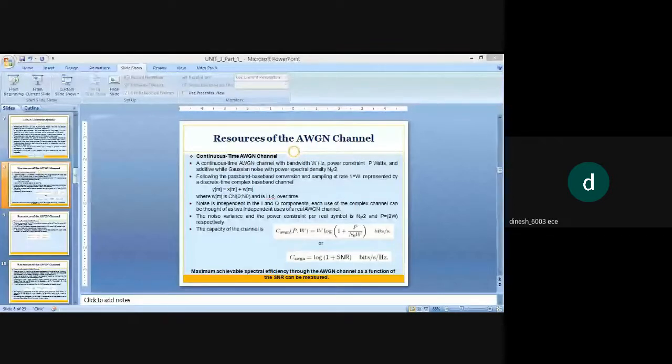So for a discrete memoryless channel, which we had seen in information theory, the time invariant channel with random input x and random output y, the channel's mutual information is defined as I of x comma y equal to summation over x belonging to X, y belonging to Y, p of x comma y log of p of x comma y divided by p of x into p of y. So we get the maximum achievable spectral efficiency.